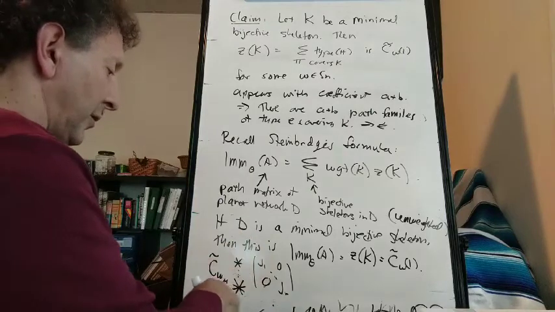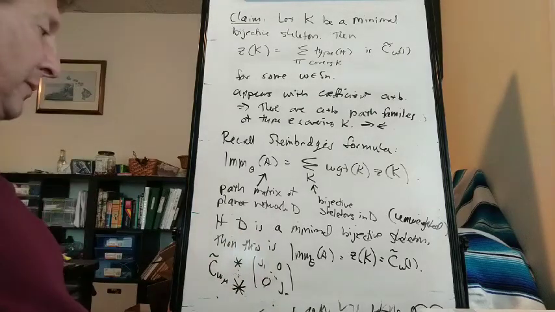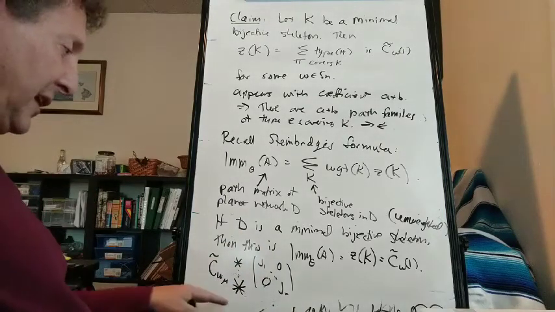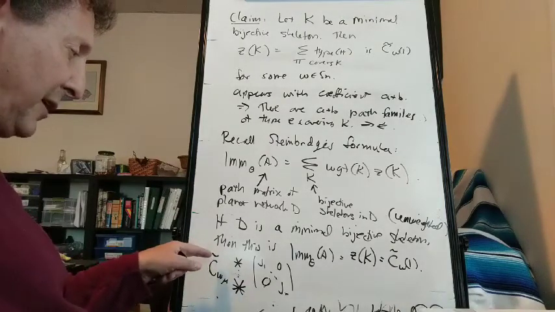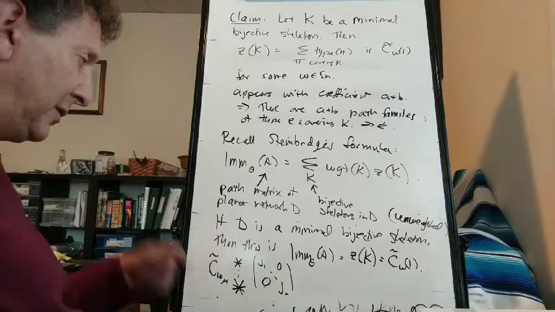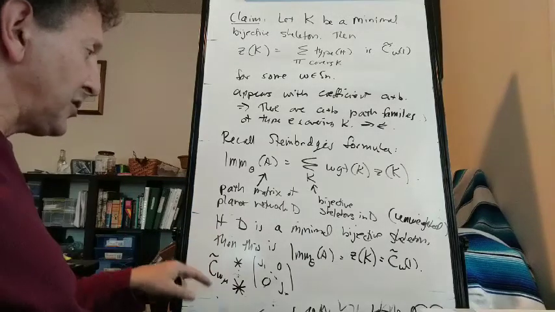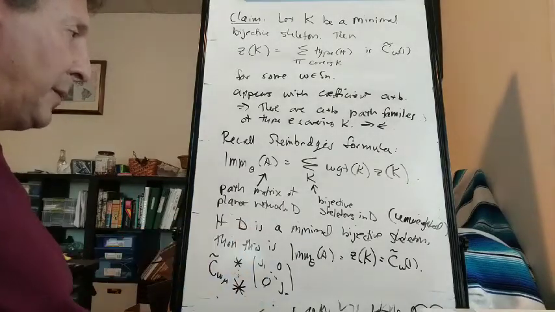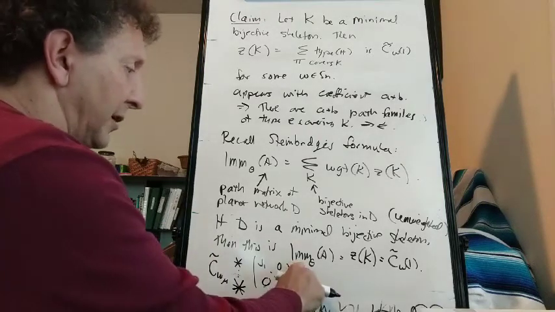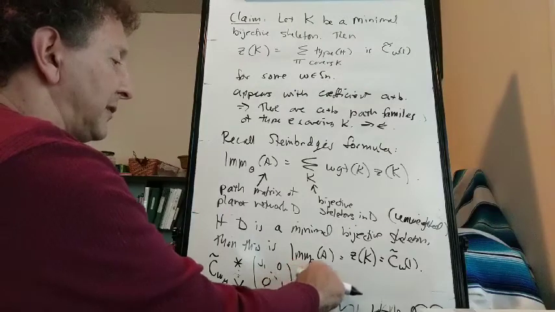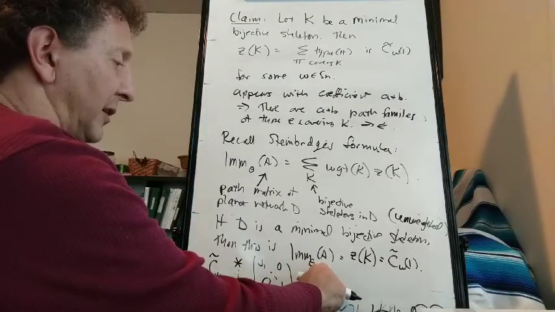So it turns out, well, this certainly is a minimal bijective skeleton because there's no pair of vertices where we can find more than one path from one vertex to the other. So this is part of a larger class. If we look at all minimal bijective skeletons, then we have the same property. We can evaluate the immanant at the path matrix.